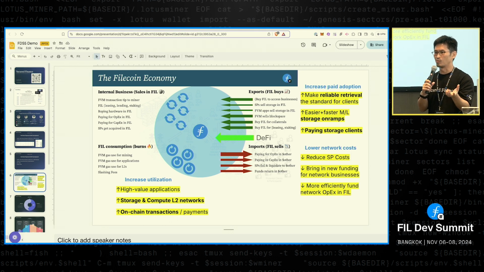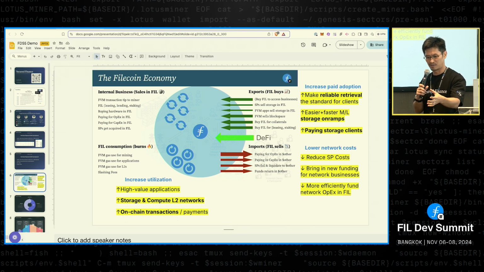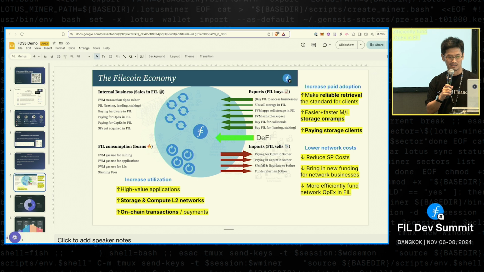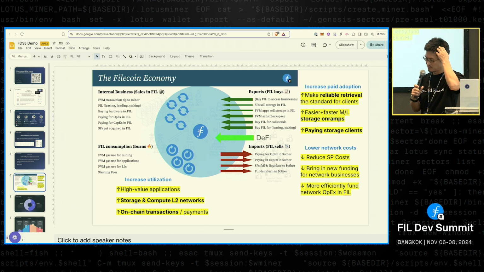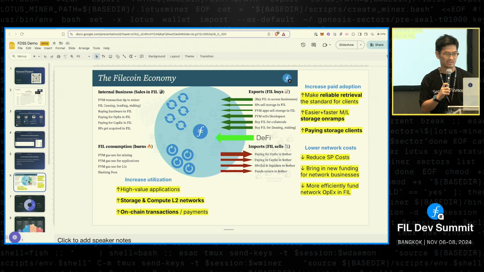But what we can help with is that you don't have to sell the Filecoin, you can pledge it as collateral and mint, which is borrowing, so that you don't have to sell. That's one.